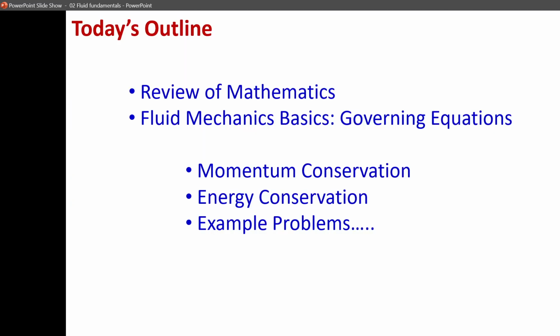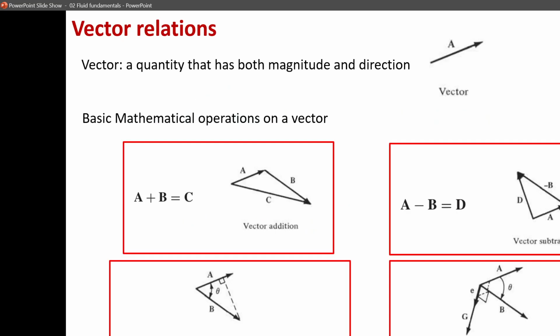Okay. Review of mathematics, governing equations, and everything else. We are going to start with a very, very basic review of vector algebra, though. Because in my experience, when you get to this point in your education, you either don't remember vector algebra, or you have never learned it for some reason.